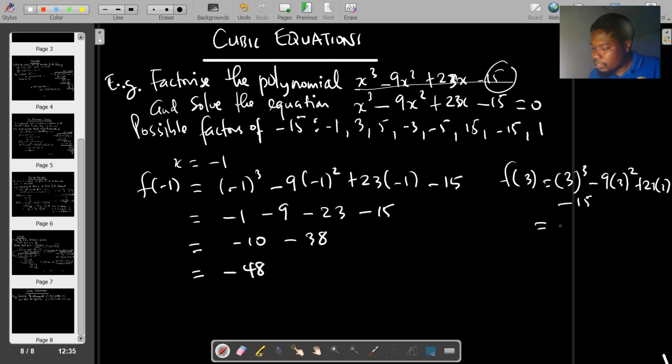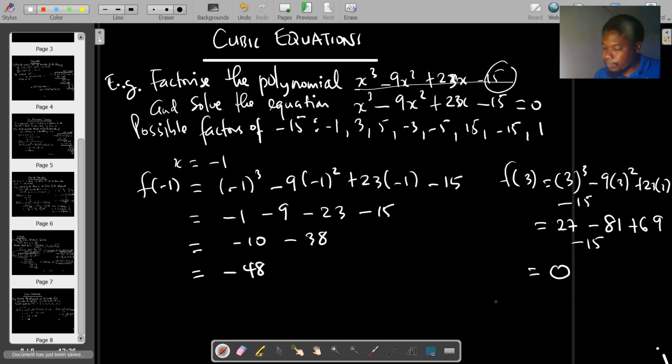This gives us 27 minus 9 times 9, 81. 23 times 3 is 69. Okay, and then minus 15. Just to make sure, we do it quickly: 27 minus 81 plus 69 minus 15. This gives us a 0.